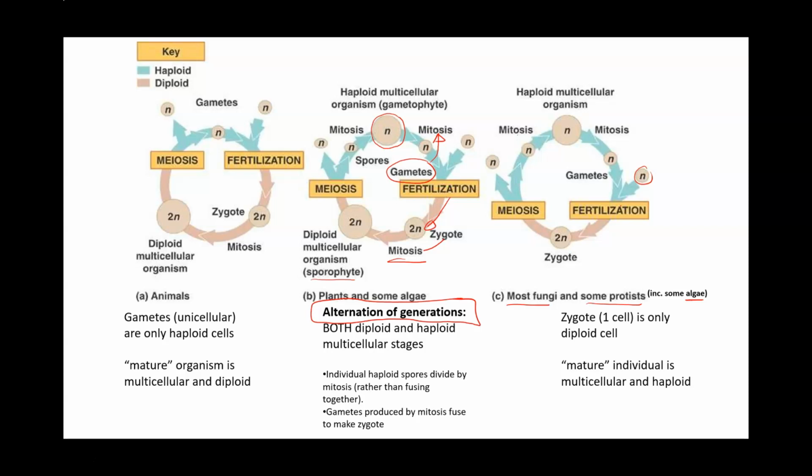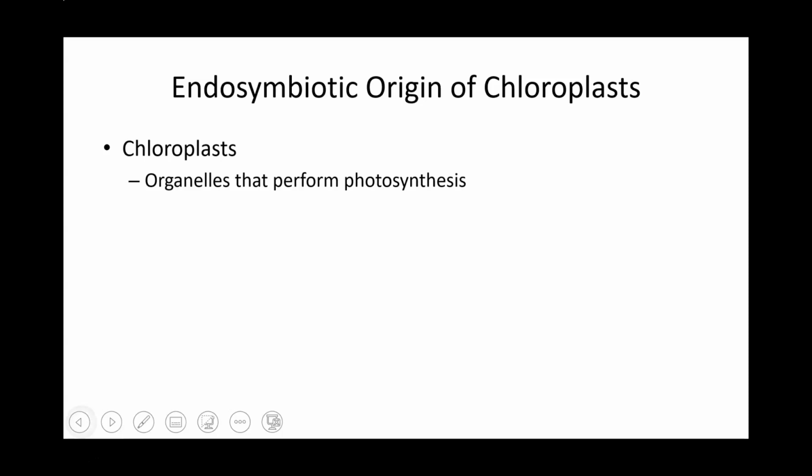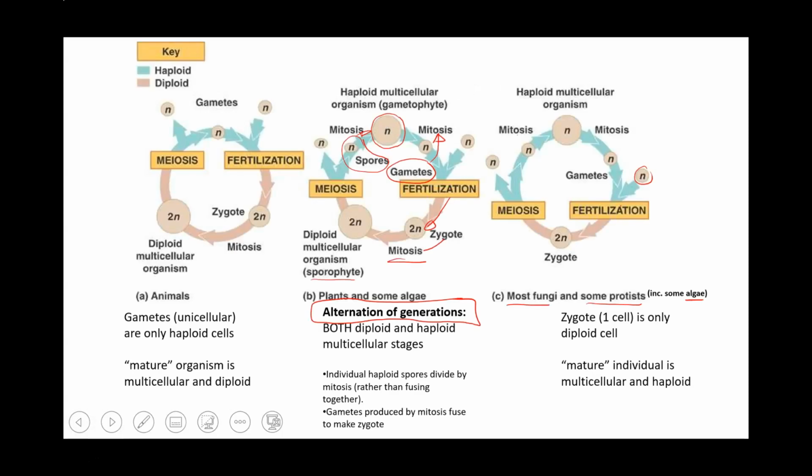And some of the cells within the sporophyte will divide by meiosis to create haploid spores, each of which can then divide by mitosis to generate a new gametophyte. So those are the three life cycles. Okay? We're going to end this video here.